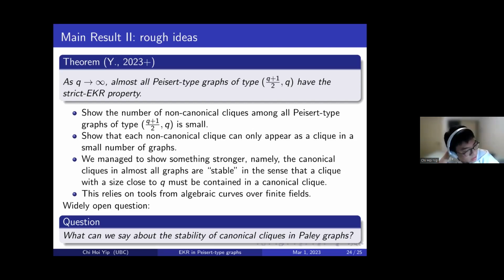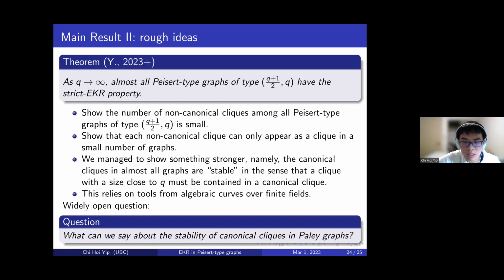But unfortunately, this does not say anything about Paley graphs, or about the stability of canonical cliques in Paley graphs. This question was studied by Baker around 30 years ago, but as far as I know, there's been little progress towards this problem.